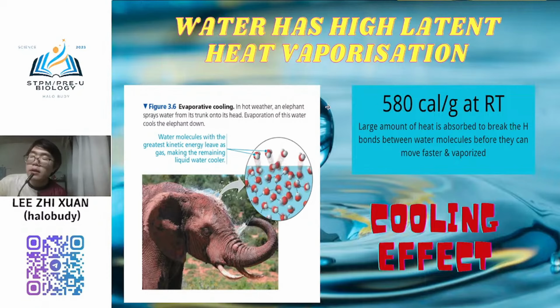We know that gas is a form of the water molecule. If you boil the water, you will have gas. Gas form is another phase, right? If you want to make the water become gas, you also need energy. Because specific heat capacity is very high, automatically the latent heat of vaporization of water is also very high.